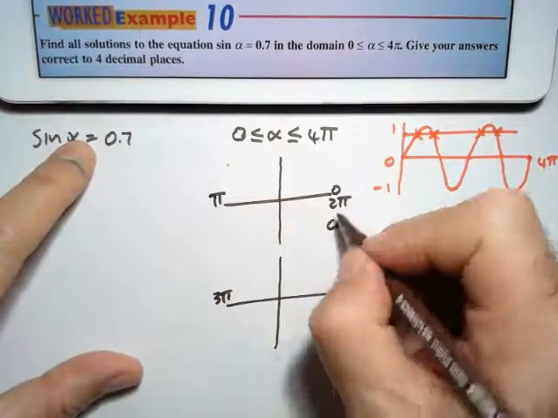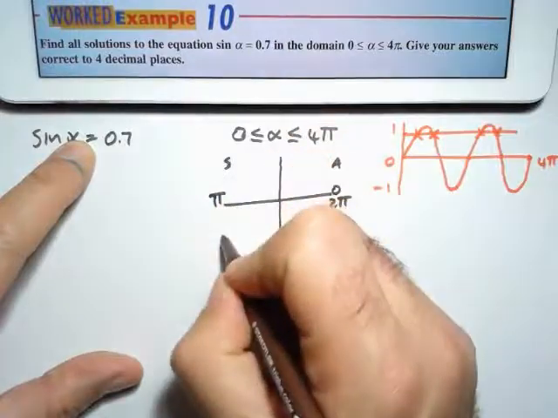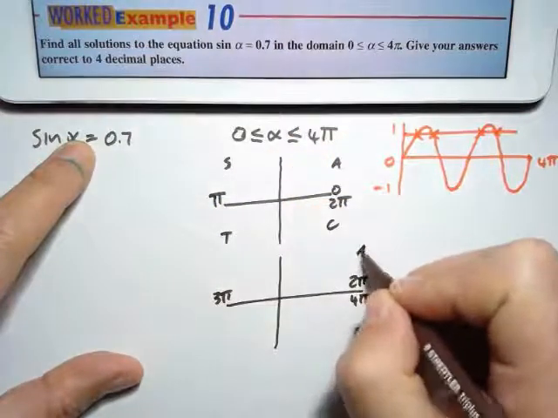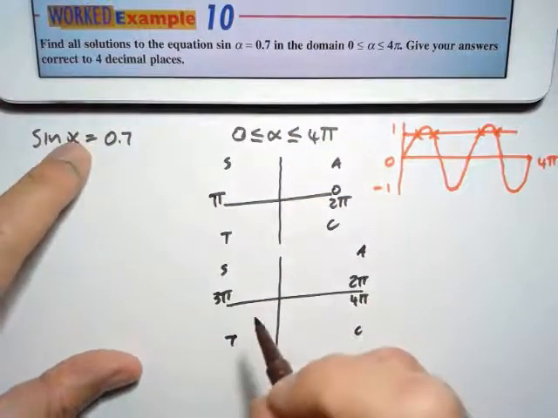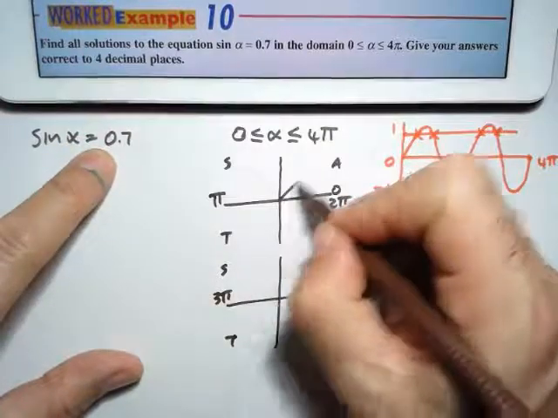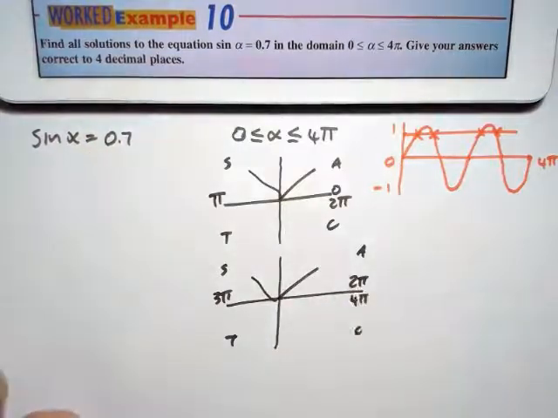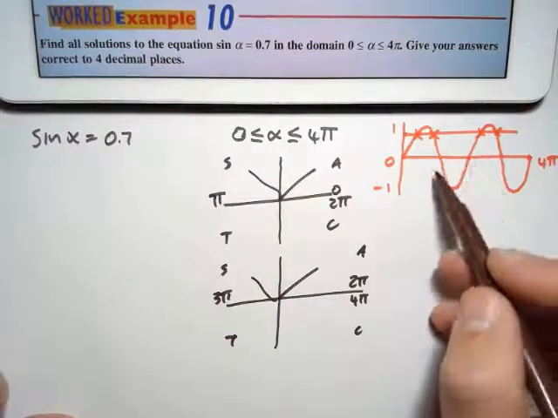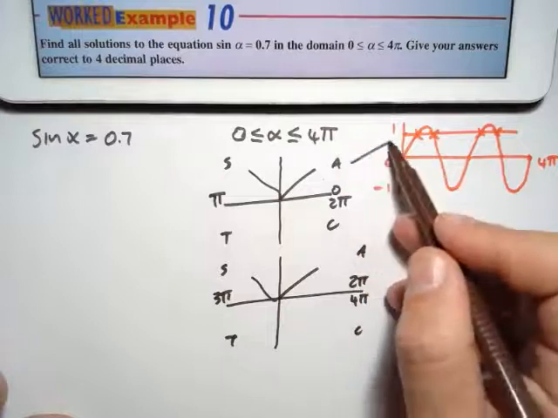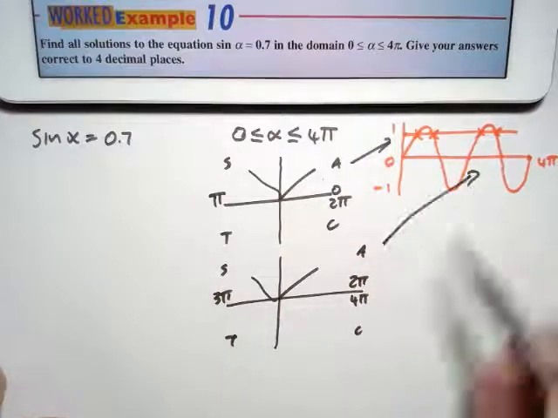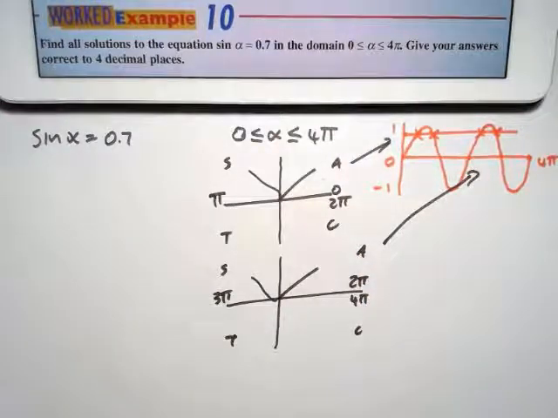Sine is, let's say, CAST. Where's the sign positive? Sine is positive in the first and second quadrants. So there are going to be 4 answers for this, same as that: 1, 2, 3, 4. This is for the first rotation, and this is for the second rotation.